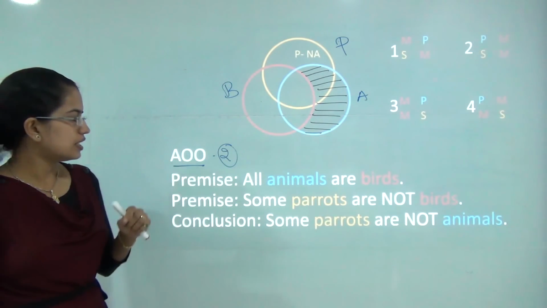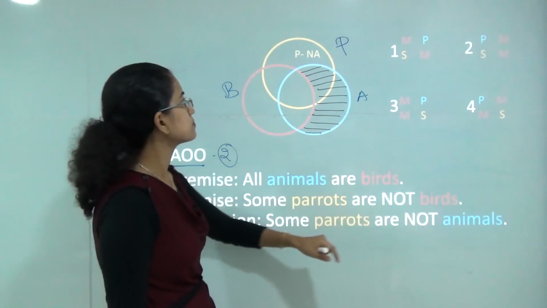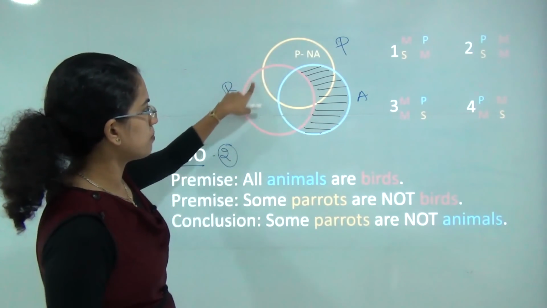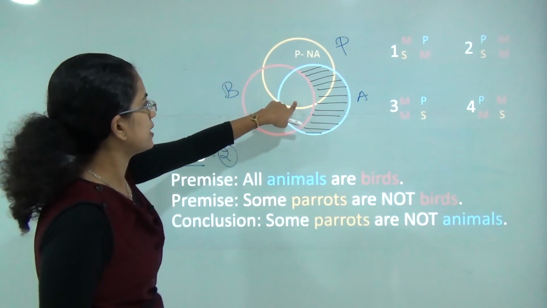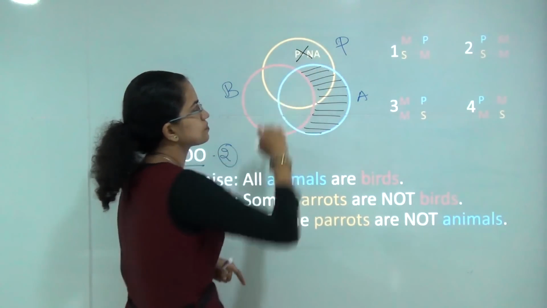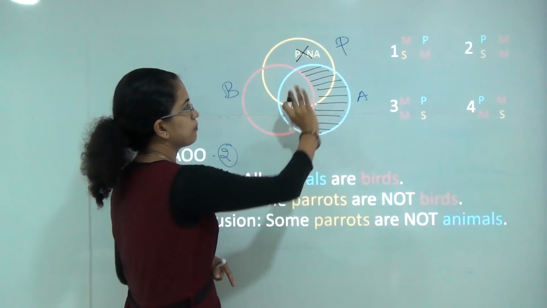Now I have a second premise, some parrots are not birds. So parrots that are not birds. So this is the ring for birds and this is the ring for parrots. Now parrots that are not birds would fall in this region, because this is already excluded. This does not exist in our diagram.